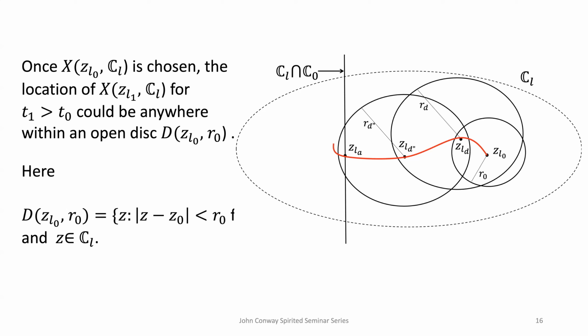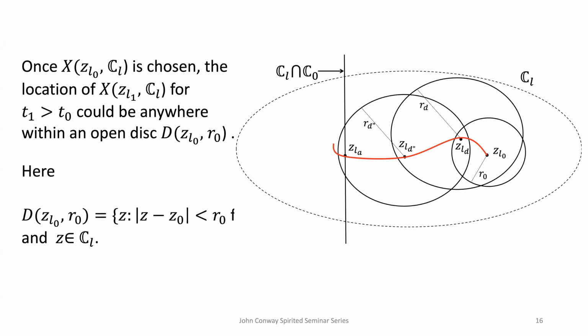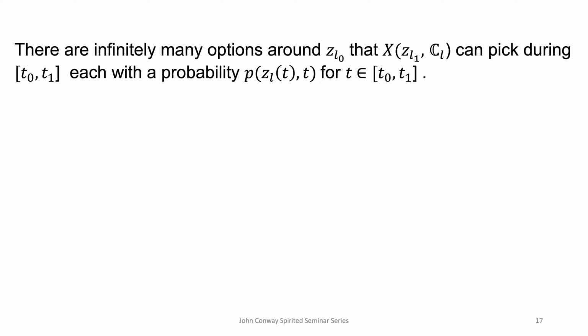First step, you pick a number, draw a disk. Again, within the disk, you pick a number, again draw a disk around that. Each time, first you call R0 and then R1 and so on. Within the disk there are infinitely many options to pick the next random number, a complex number. So infinitely many options are there.